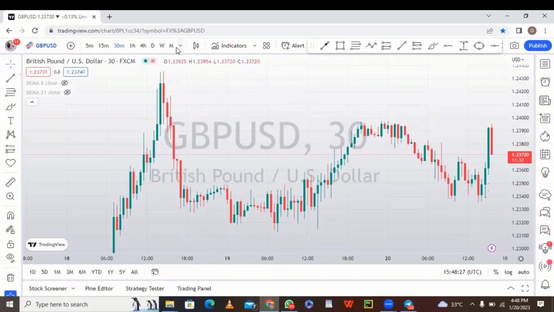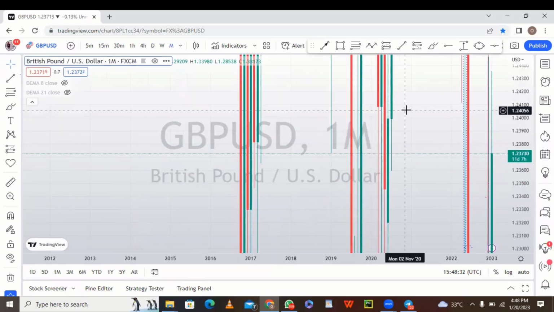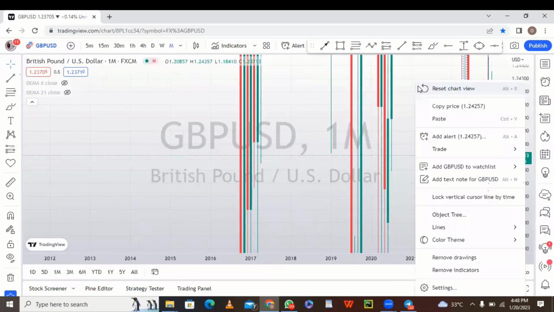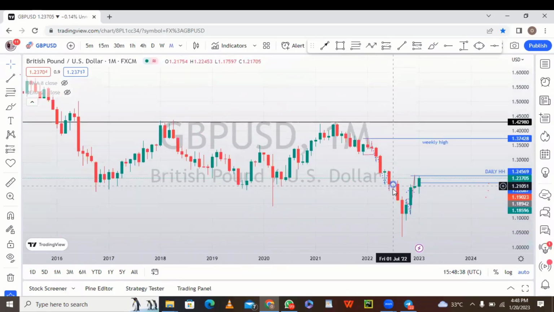And if I eventually go to the monthly time frame, it's the same thing. What this is telling us is that each of these candles is formed after every month. So it will take 1 month for this candle to be formed. This small candle you are seeing here took a complete 1 month to complete its formation.